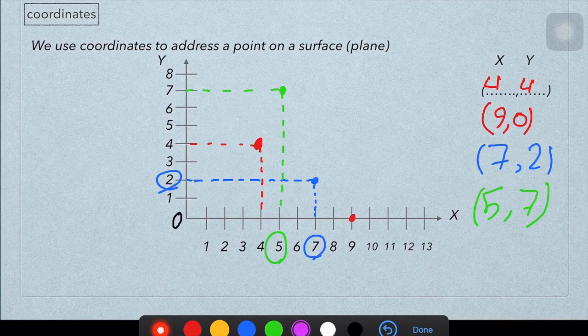I ask you to address this point for me, the purple one.